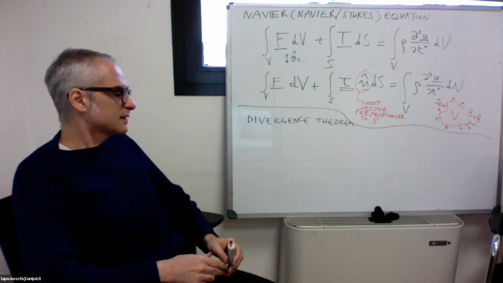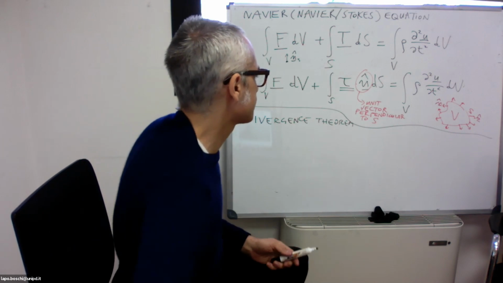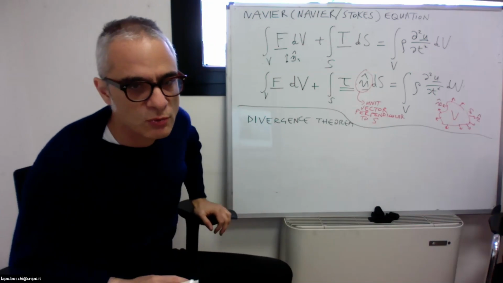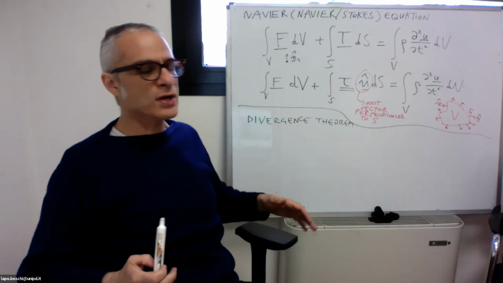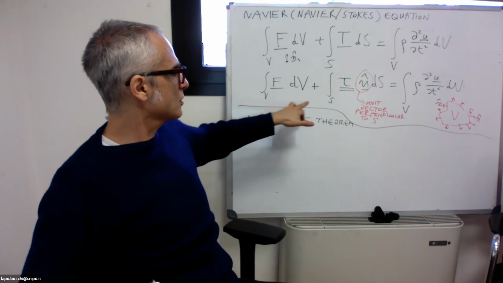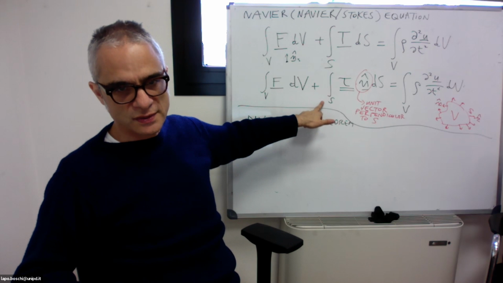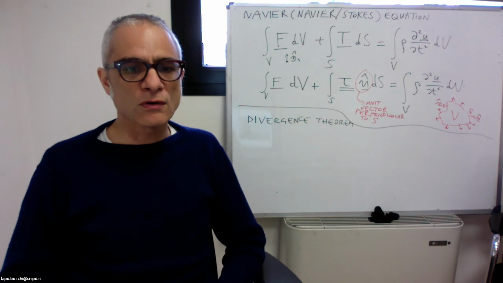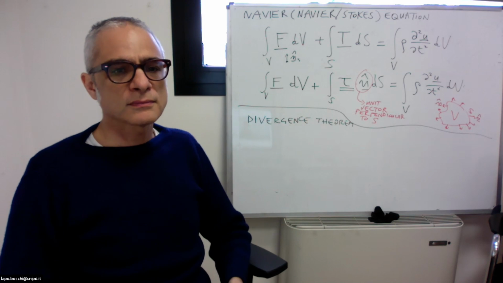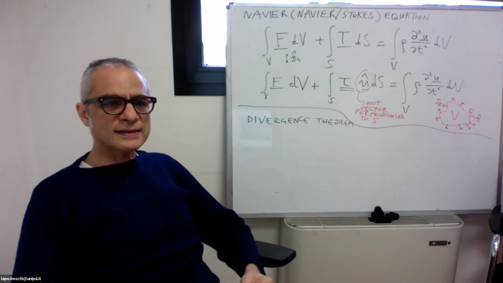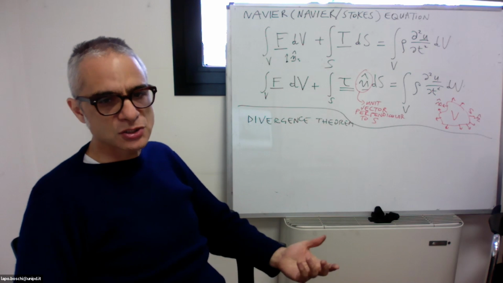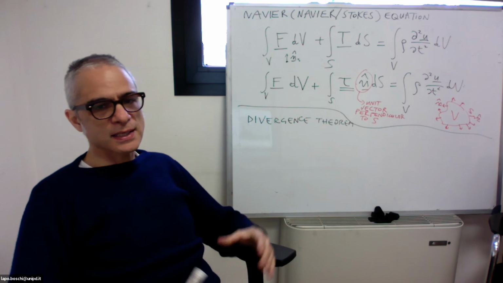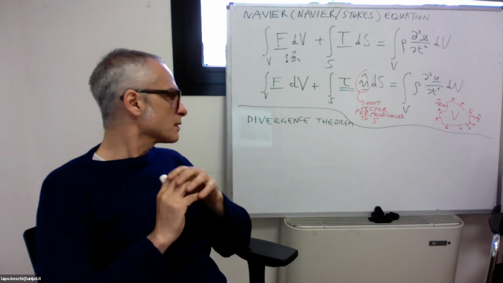So the divergence theorem is useful when you are in a situation like this, where you have an equation with both integrals over volumes and integrals over surfaces. And in this particular case, the volume over which we are integrating is arbitrary, okay? The only constraint being that it can be very small.